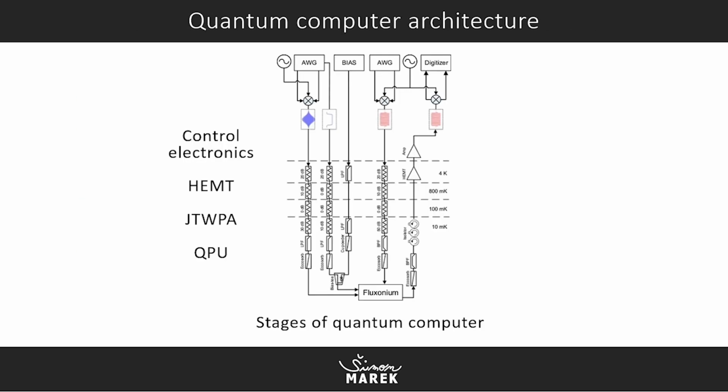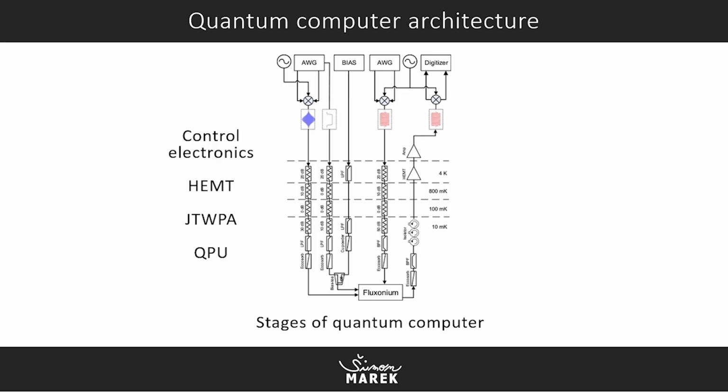So here's quantum computer architecture. It starts with the QPU, which is a quantum processing unit, which sits at a 10 millikelvin cryo level. Then there is a traveling wave parametric amplifier, which can also be at 10 millikelvin level, which is quite typical because it requires the same cooling as the quantum processing unit.